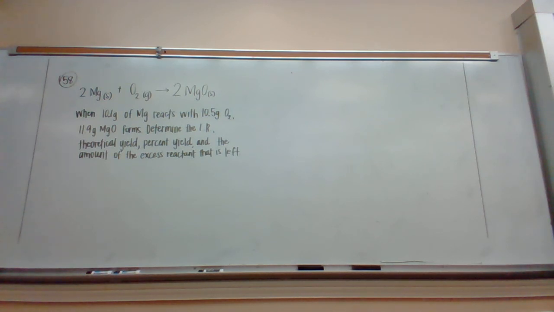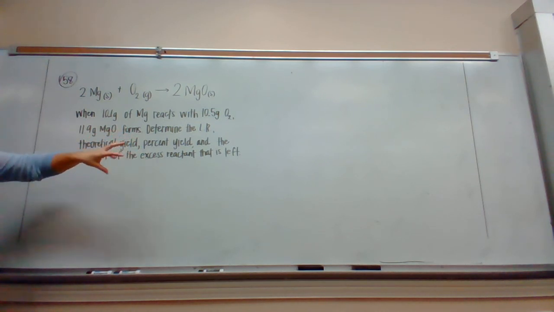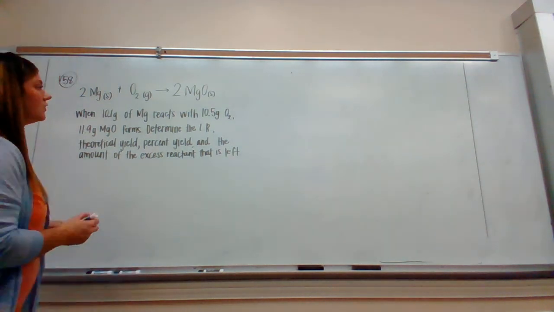Okay, so if there was more than one product, and I didn't say what theoretical yield or percent yield you were finding, how would you know who you were solving for? Yeah, relative, exactly.